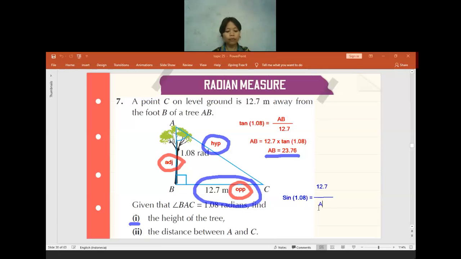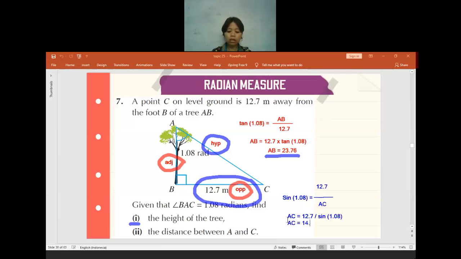Is there anyone who got confused? So to find AC, what do I have to do? Is it division or multiplication? Divide. 12.7 divided by sin 1.08. How many will it be? 14.4.